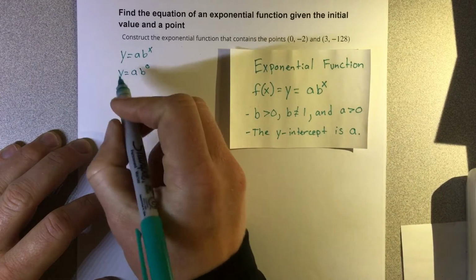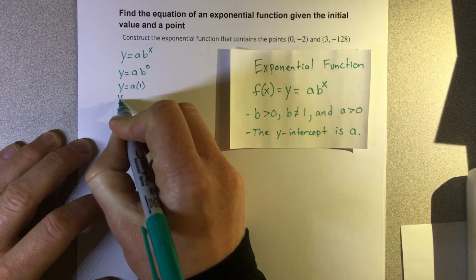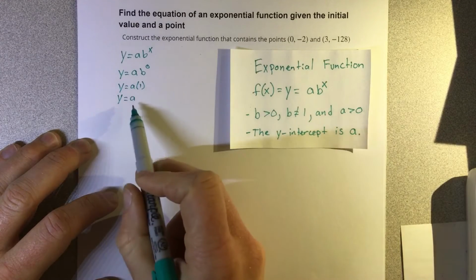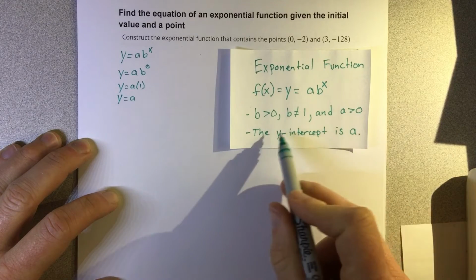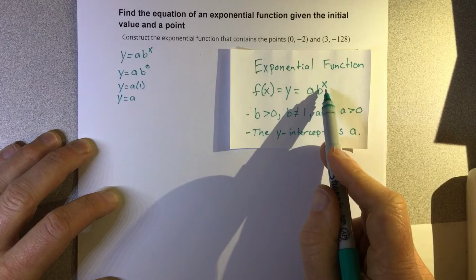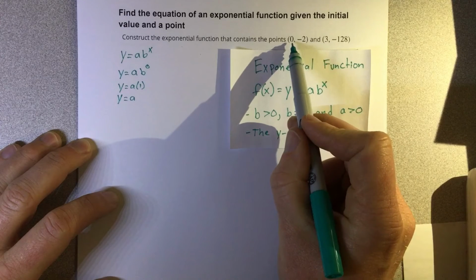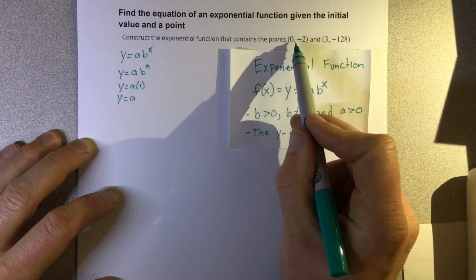B to the 0 is 1, so you end up with y equals a times 1, so y equals a. So the y-intercept is a. That's why I wrote that the y-intercept is a here, because in order to find it, you plug 0 in for x. So we know that (0, -2) is the y-intercept.